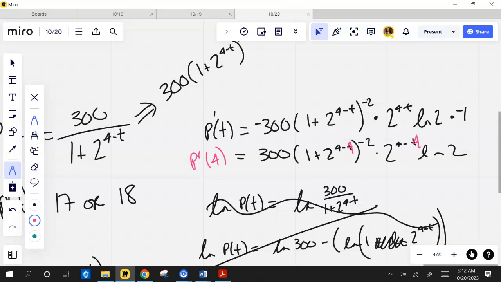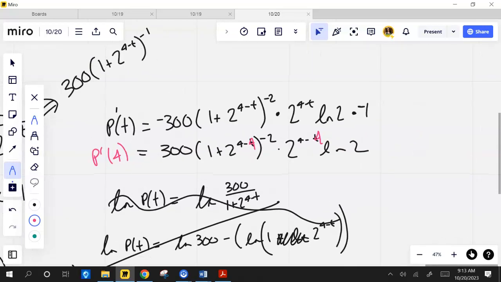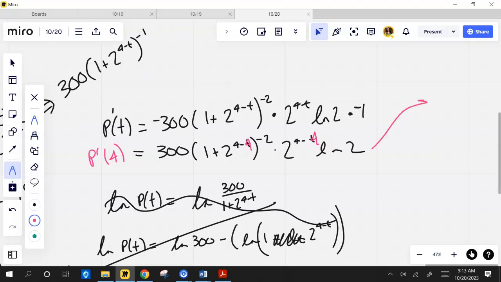I wasn't doing product rule on this one. I didn't have to because 300 was a constant. I wish I could take out that whole part. I think we should just.